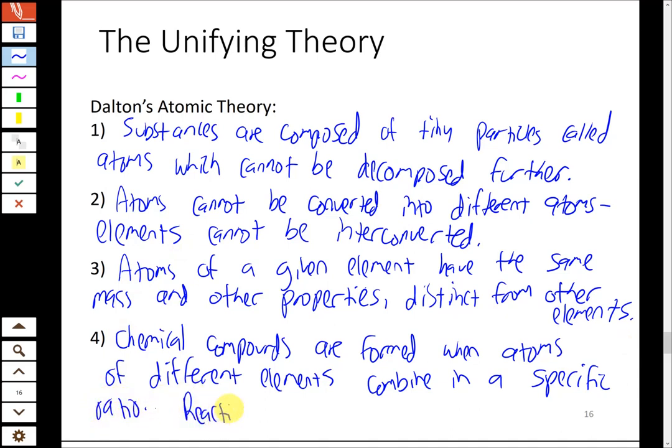Or another way to say this is that chemical reactions involve reorganization of atoms.